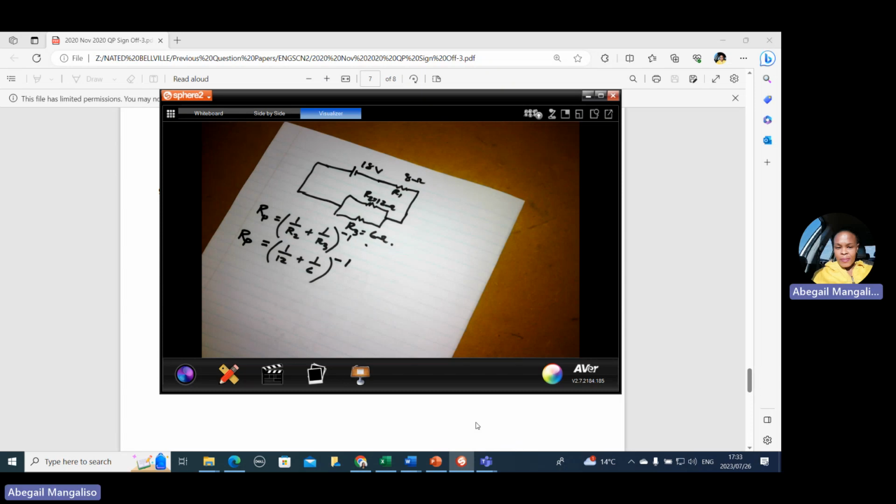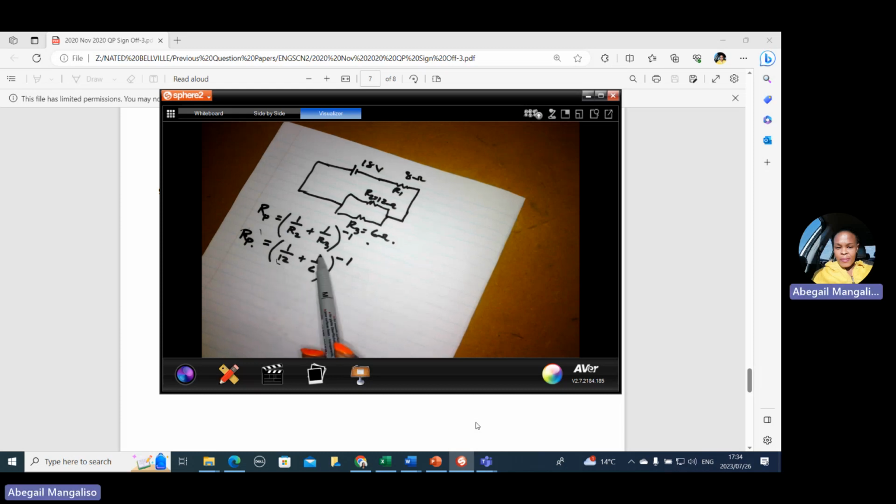In some questions, you can be asked to calculate one of these parallel resistors and will be given the total resistance, which means this side can be given. When they give you RP, they don't give you 1 over RP, but they give you RP. Now, if one of the resistors is given, you put it as 1 over the given resistor.